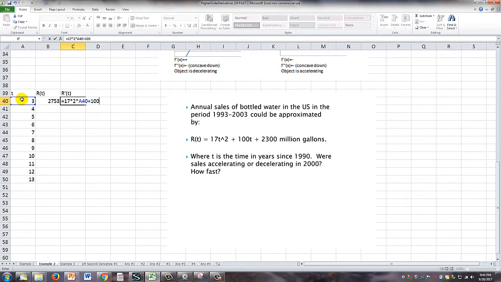And that's it. And then the second derivative, alright, take a look at this. This is 17 times 2 times t, so the derivative of that would just be 17 times 2. And the derivative of 100 is 0.